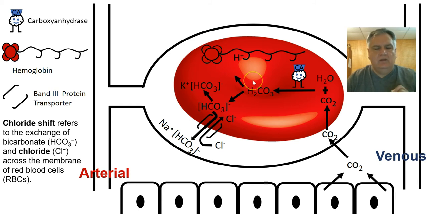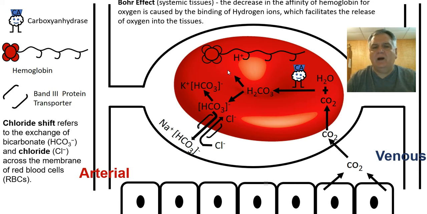Now, we're pulling the hydrogen ions out of solution because they can link on to other proteins and cause damage to those proteins. But what about the hemoglobin molecule? Well, whenever the hydrogen ions bind to the hemoglobin molecule, they do cause a change in its structure.